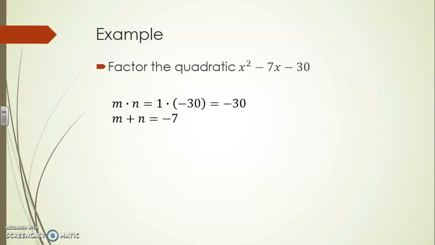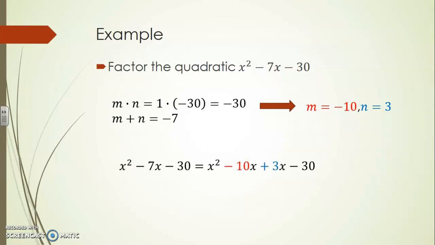The sum product method requires that we find numbers m and n whose product is 1 times minus 30, and whose sum also matches the value of b, which is minus 7. Again, by inspection, we'll find that minus 10 and 3 are numbers that can accomplish both of these criteria.